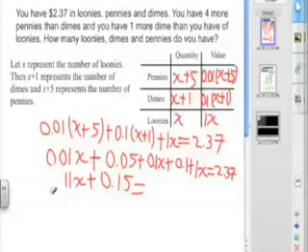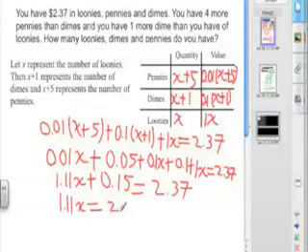Then we put down the 2.37 just like we did before. Next, just like in a regular equation, we isolate the variable, making it 1.11x equals 2.37 minus 0.15, because we are switching the sign, which is assigned to a negative sign in front of the 0.15.